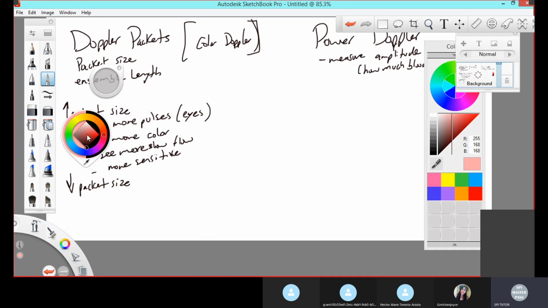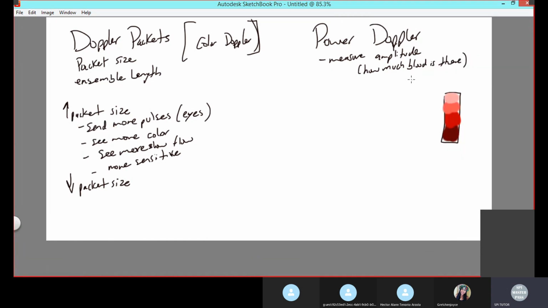And the brighter the color is, the more blood is there. The stronger the amplitude is there, the brighter the color is. Okay. The book does a really great job at giving you 3 advantages and 3 disadvantages. Okay, make sure you read that. The biggest takeaway is that it measures amplitude.